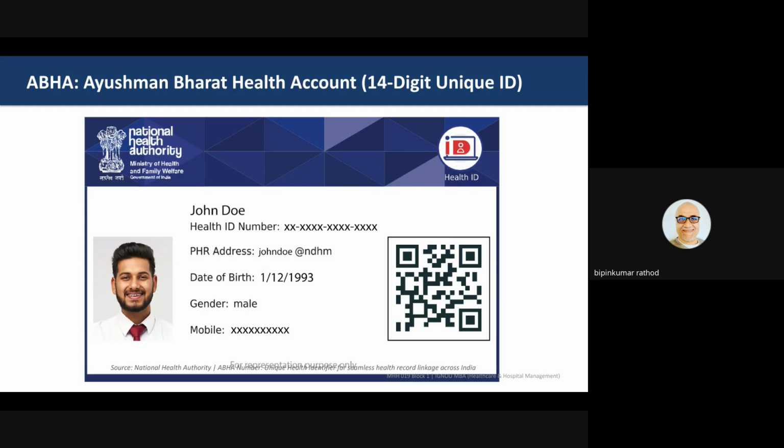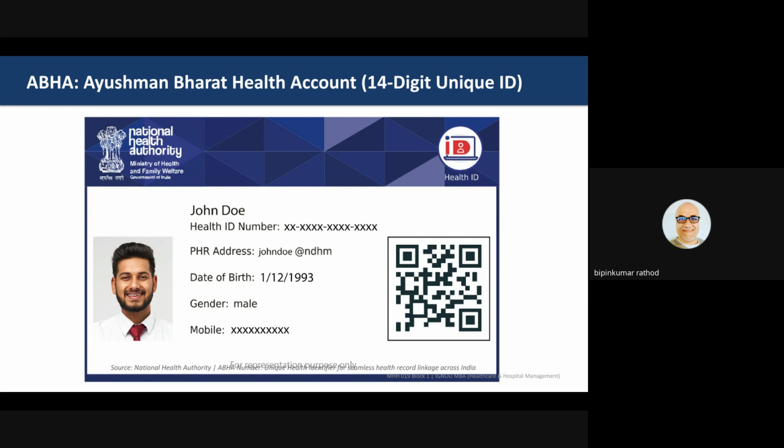Now you must have seen this image actually many times. What I would like you to know is the format of this ABHA card. It is a well-known card nowadays because we know credit card, we know debit card, we know Aadhaar card, and we know the PAN card. But the patient knows the ABHA card.